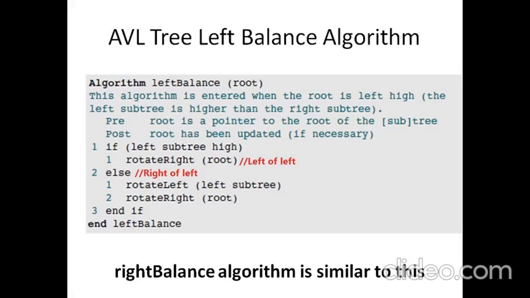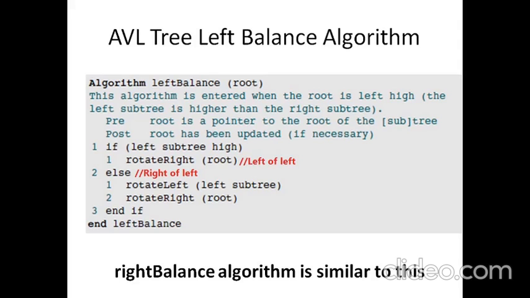And we know how to balance an AVL tree. Whenever it goes out of balance, there are four possibilities: a left of left situation, a right of right situation, a left of right, or a right of left. So we have four conditions. The first two are simple conditions. Left of left means that there is an excess node on the left side.